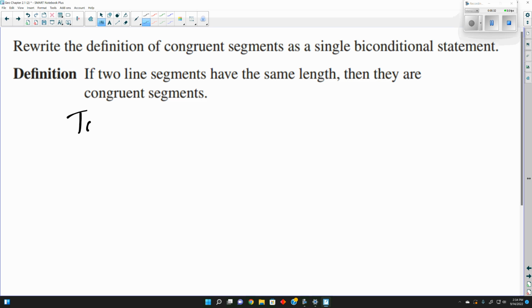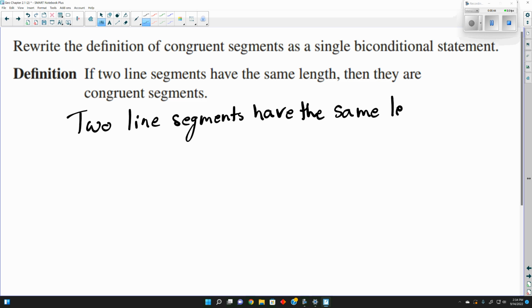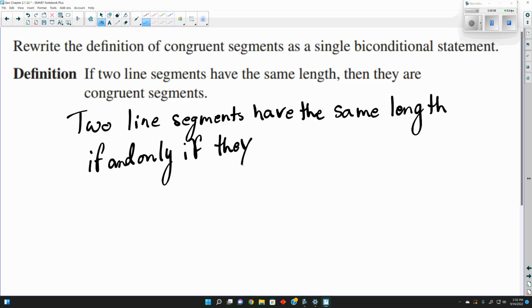So, two line segments have the same length if and only if they are congruent segments.